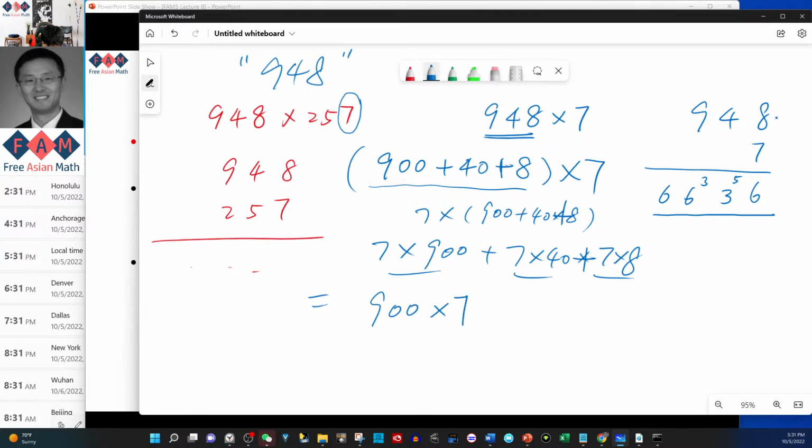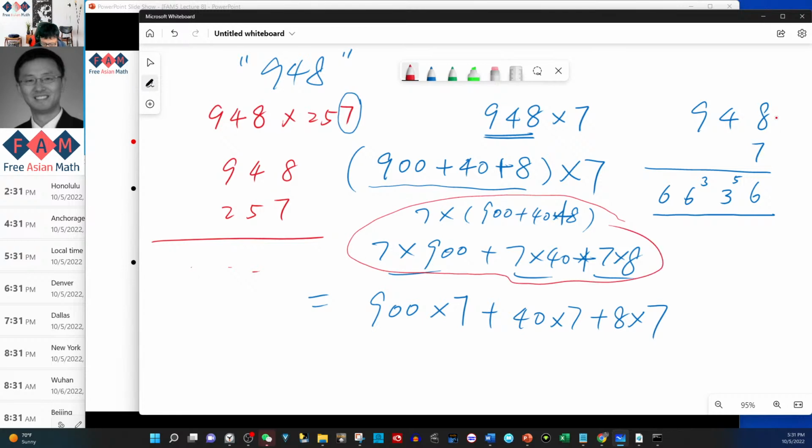Write down something like this. What I'm saying here is that you also don't have to write that intermediate step. You can jump directly from here to here.